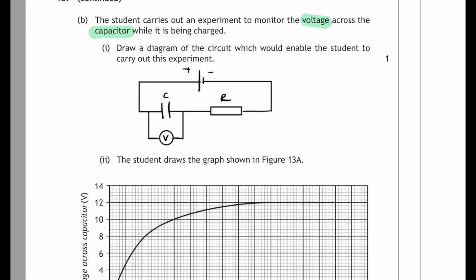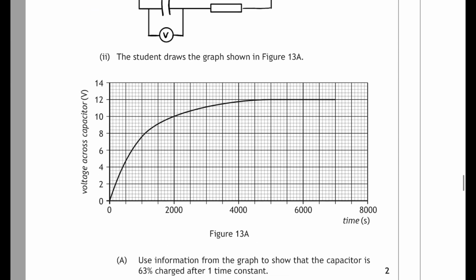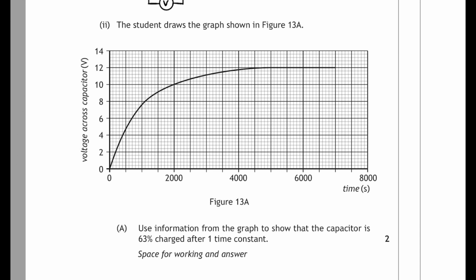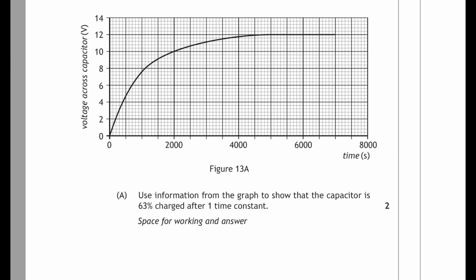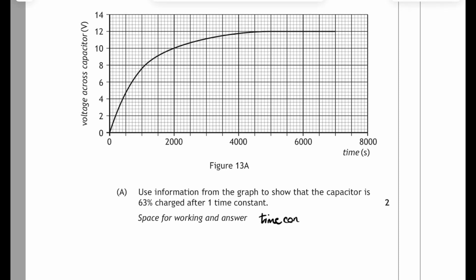Okay, part 2, the student draws the graph shown in figure 13A, and we've to use information from the graph to show that the capacitor is 63% charged after 1 time constant. Remember, the time constant we've just worked out is 1,000 seconds, 1 times 10 to the 3 seconds.